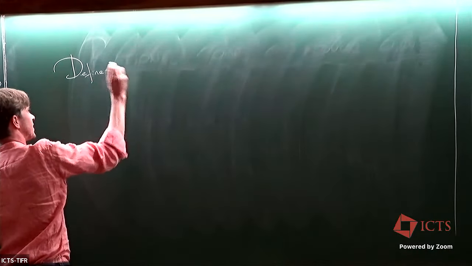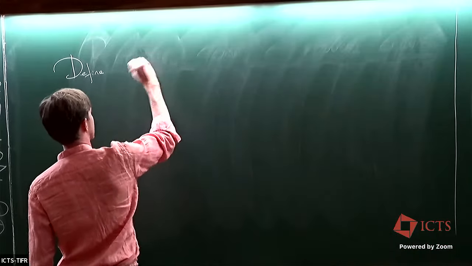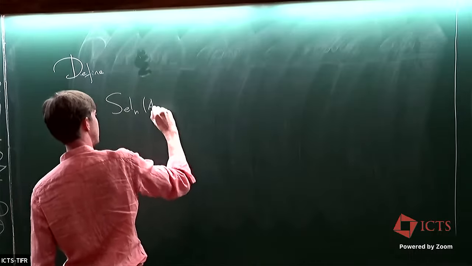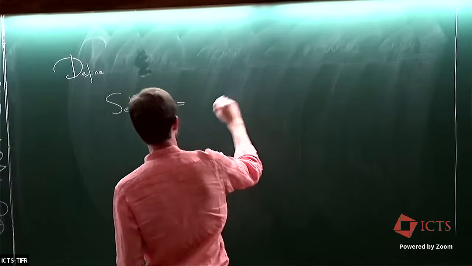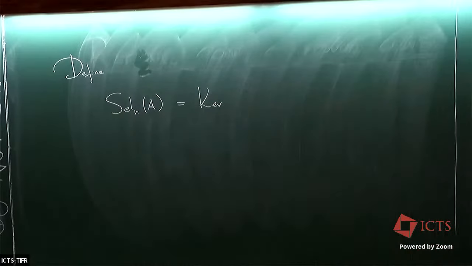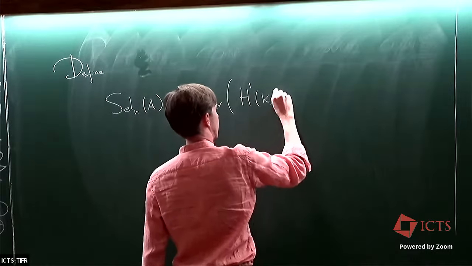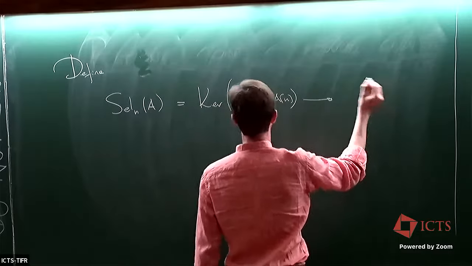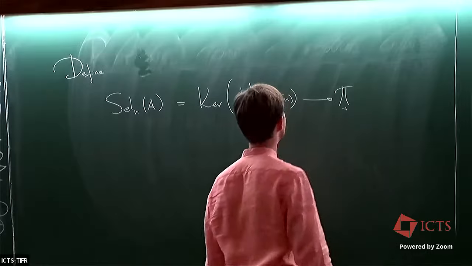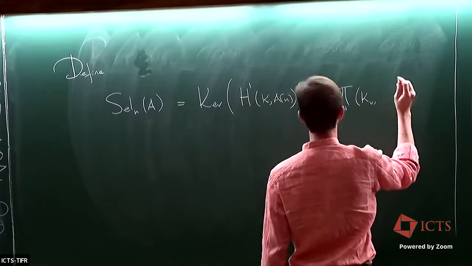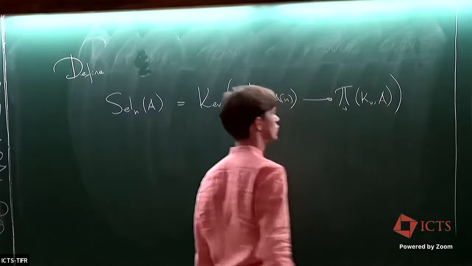Okay, so first of all, definitions. So we define in this diagram the Selmer group and the Tate-Shafarevich group to be the kernels. Sel_n(A/K), if I want to be really explicit about it, is defined to be, well, now I'm going to take the kernel, I'm going to take all of the elements in this Galois cohomology group, H^1(K, A[n]), that map in the product over all the places to H^1(K_v, A) to 0.